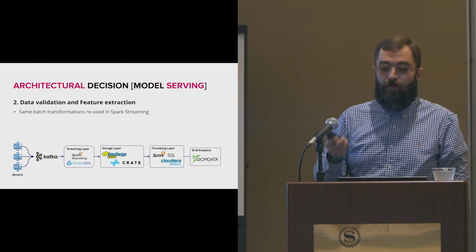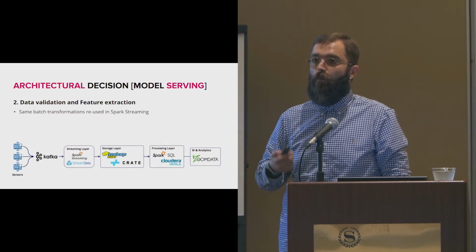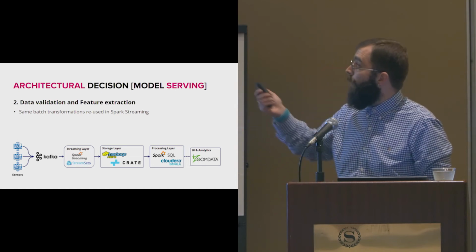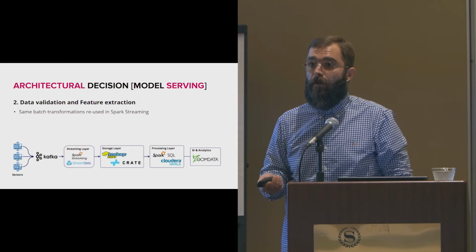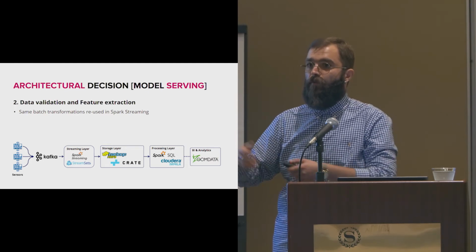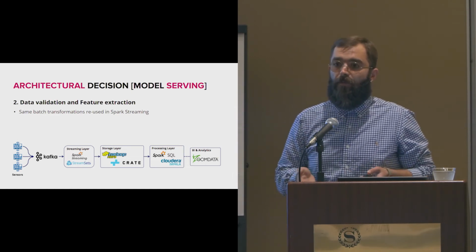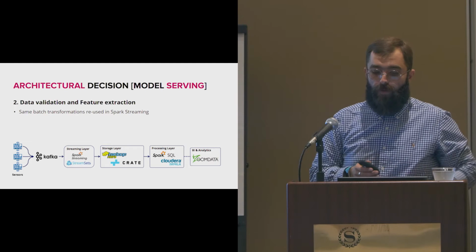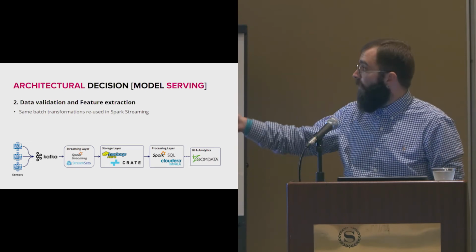For data visualization and feature extraction, we reuse the same transformations that we defined during model training, and that was one of the benefits of using Spark, because in Spark you are able to use the same transformations that you created for batch jobs in a streaming setting with a minimal amount of edits. So that really helped us reduce the time it took to design this step.